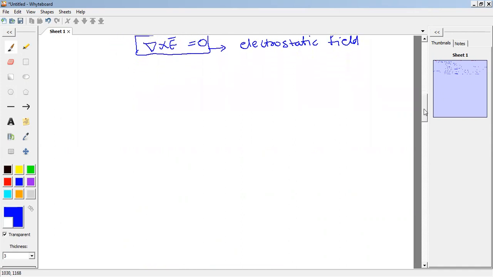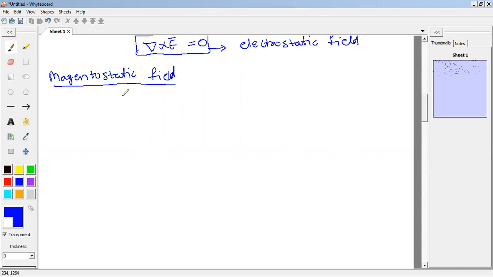Electrostatic field Maxwell's equations. Now, by the same methods, we can discuss magnetostatics.